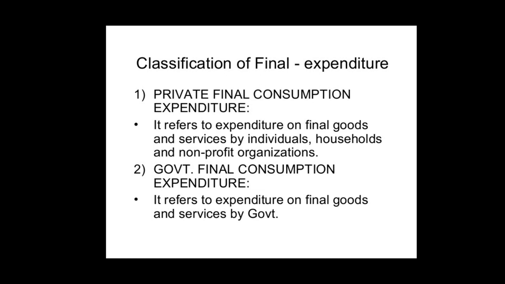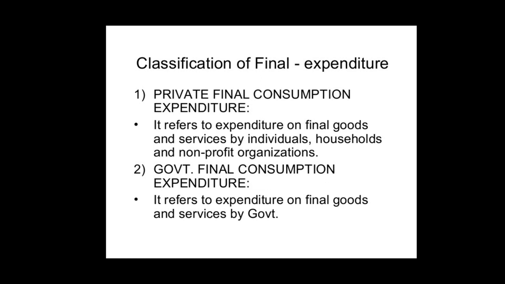Private final consumption expenditure includes expenses incurred by individuals residing within the domestic territory or abroad. For example, expenses made by residents of a country during their foreign travel will also be added in private consumption expenditure. However, it does not include any expenses incurred by non residents and foreign visitors in the domestic market.